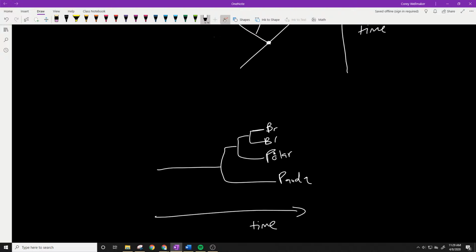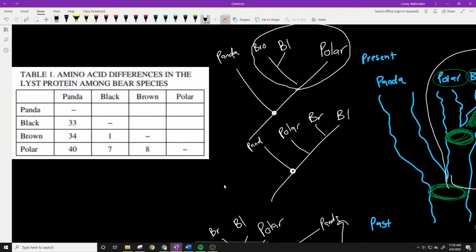And in this case, the vertical position doesn't matter. Yeah, the panda is the outgroup, because the outgroup by definition is the group that is least related to all of the other lineages. So the panda is the least related because it has the most differences.